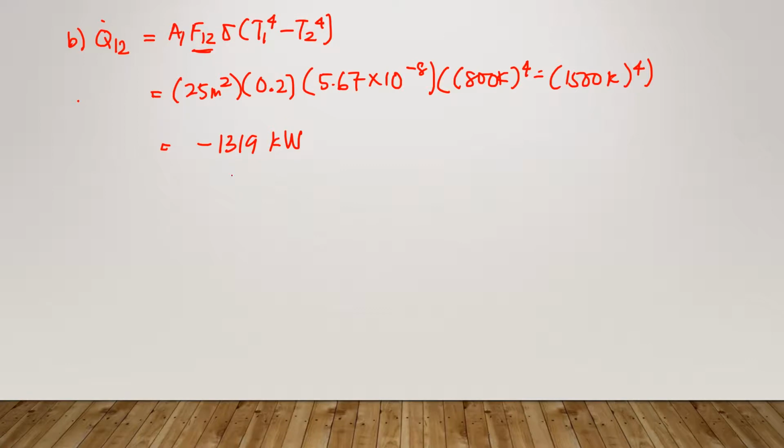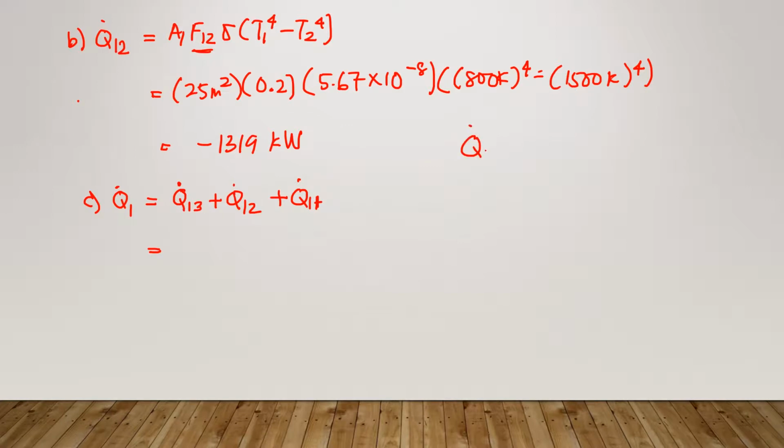The negative sign indicates that the net radiation heat transfer is from surface 2 to surface 1. Okay, so the last thing we need to do is Q dot 1 from the base. What is the net radiation from the base? What we have to do is sum up all those: Q dot 13 plus Q dot 12 plus another one, Q dot 11. Normally Q11 we cannot calculate because F11 is equal to 0.